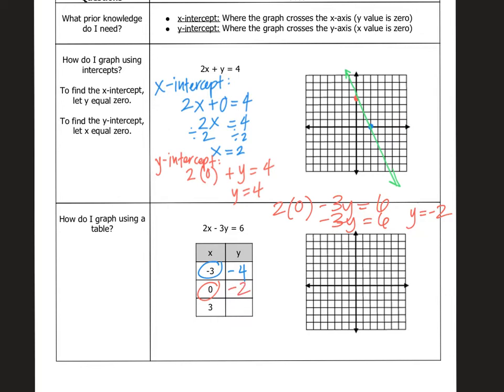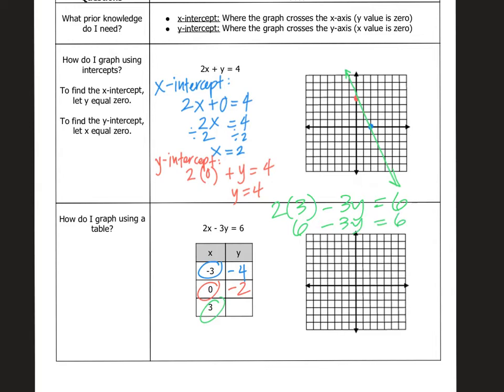And then let's do the last one. I'm going to use green for this next one. Okay, now we're plugging in positive 3. So 2 times positive 3 minus 3y equals 6. That gives me 6 minus 3y equals 6.